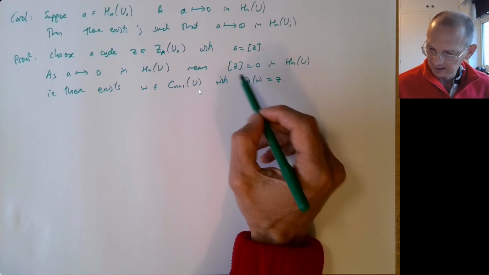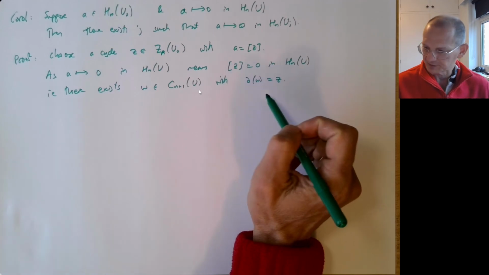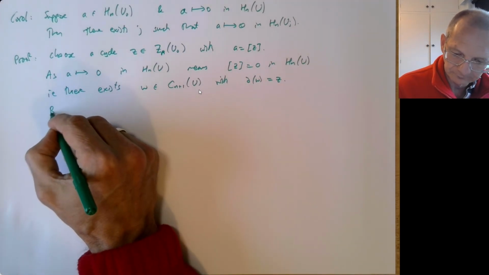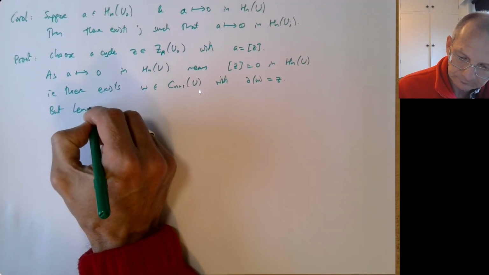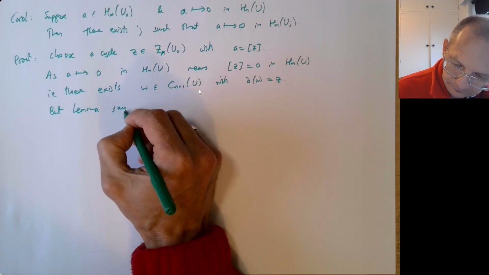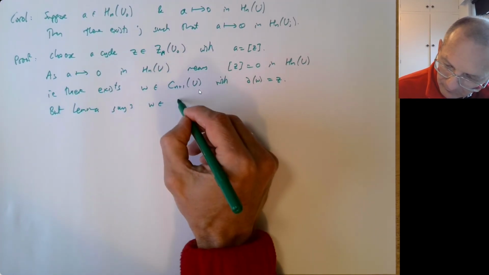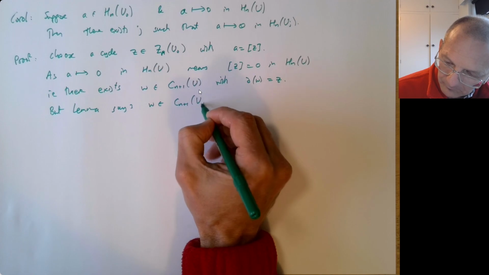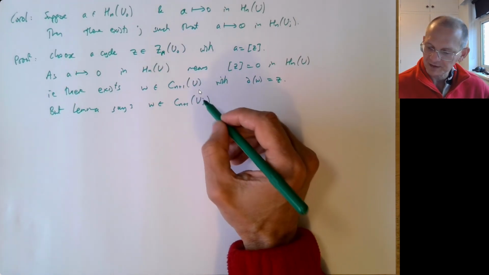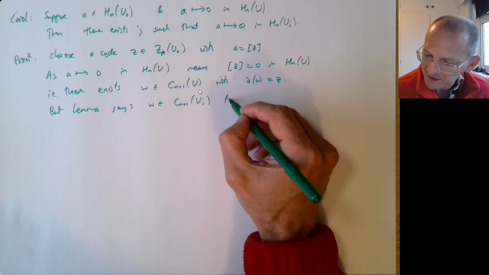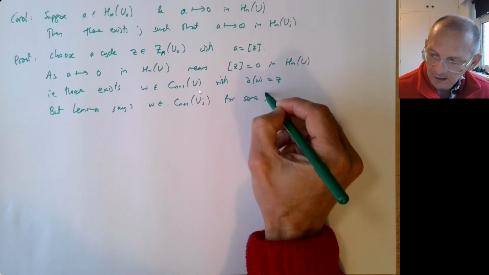It means that Z must be a boundary, must be an image of d. But the lemma tells us that this W is in C_(n+1) U_j for some j.